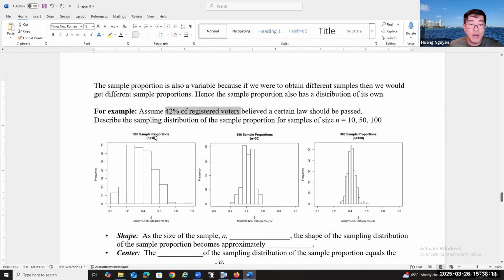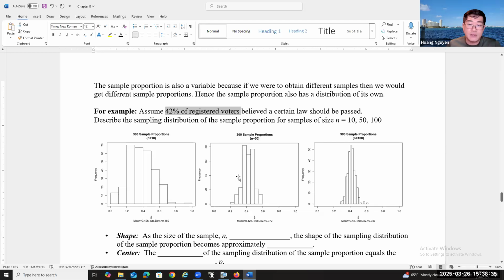For the first histogram, the sample size is 10, and we repeat that 300 times. We get a mean sample proportion of 0.426, and the standard deviation is 0.160. That's the first case, when the sample size is equal to 10. Now we do 300 times again, and every time the sample size increases to 50.